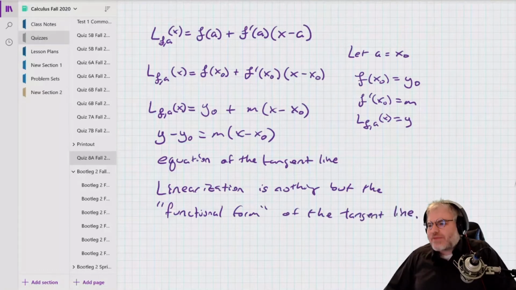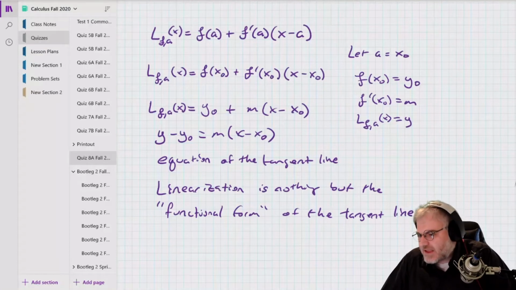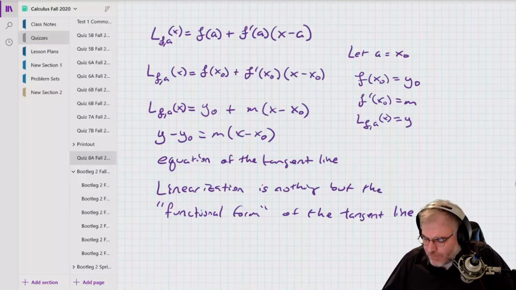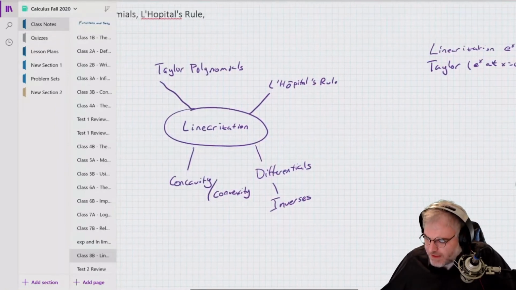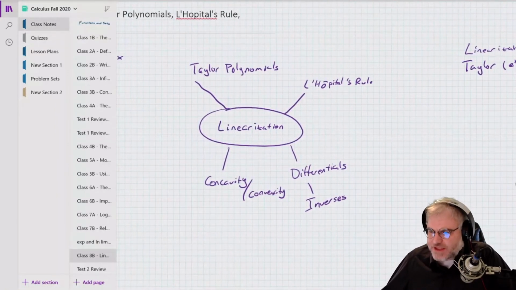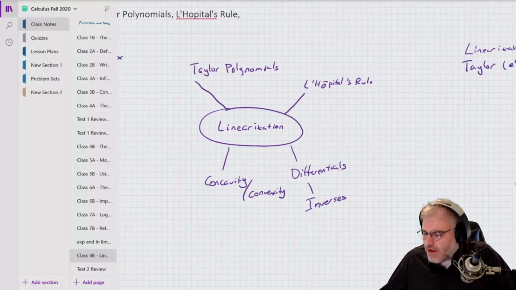And it turns out that this little trick, this linearization, is a great generator of ideas. Tonight, let me pull up the class notes here, we're going to be talking about how linearization gives you things like Taylor polynomials, or a direct application of it, the intuition behind L'Hopital's rule, differentials, and the derivatives of inverses.